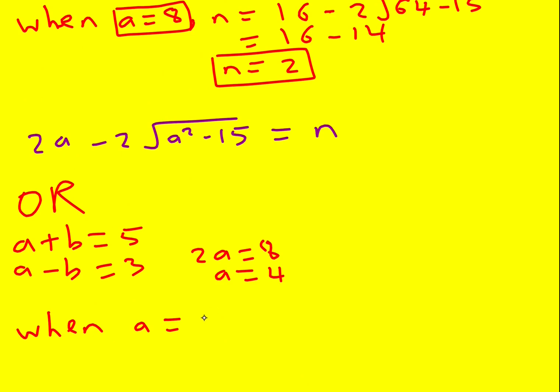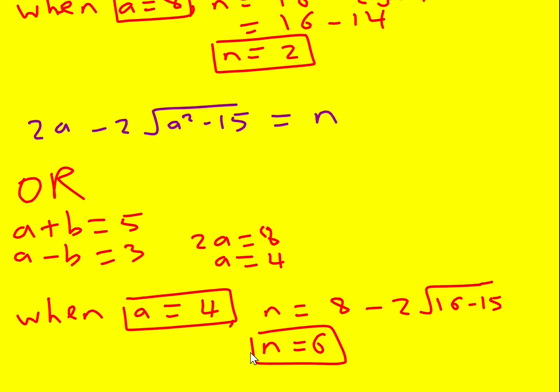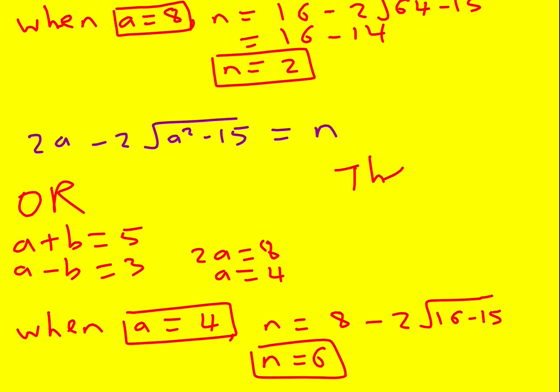When a is equal to 4, n is going to be 8 minus 2 lots of the square root of 16 minus 15. That's just 1, so it's going to be 8 minus 2, and n is going to equal 6. These are the only solutions.